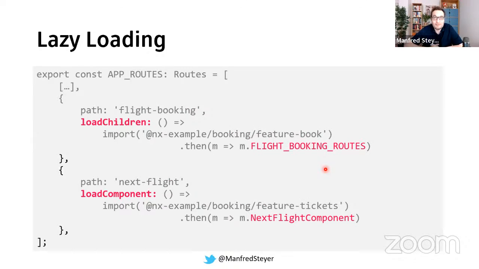And this is really cool because this makes everything more straightforward and it reduces those unnecessary indirections. By the way, there is a new property called loadComponent we can use to load one specific standalone component if we need it. But I think most of the times you don't want to just load one component. Most of the times you will very likely want to group several routes together and load them at once.